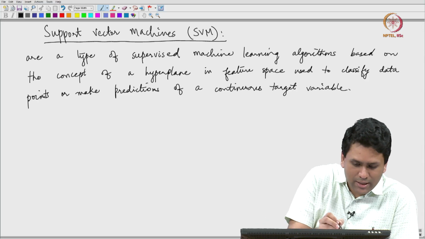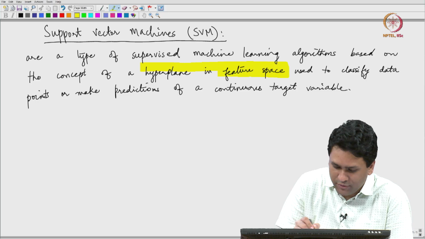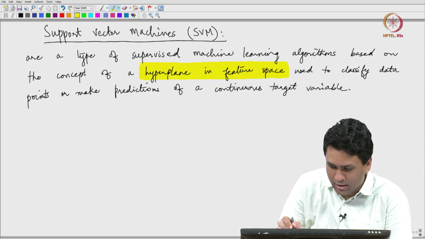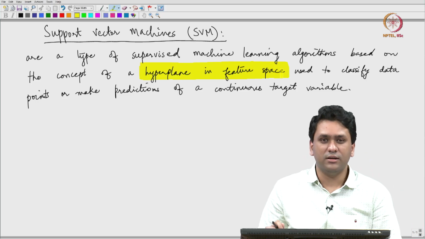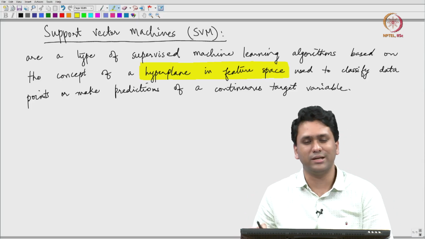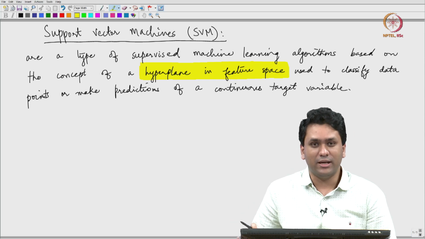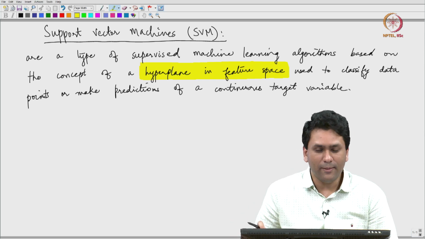The main idea is that you need to have a hyperplane in feature space. Now, what is a hyperplane? All of us are familiar with life in 3 dimensions. We operate in 3 dimensions. There is an x coordinate, a y coordinate and a z coordinate, and then you can define a plane in 3D. In a similar manner, in 2D you have a line.